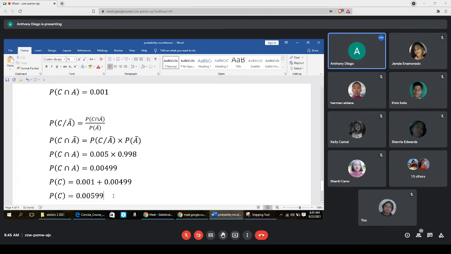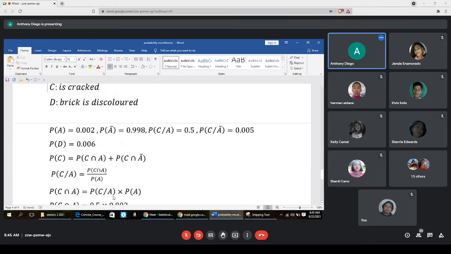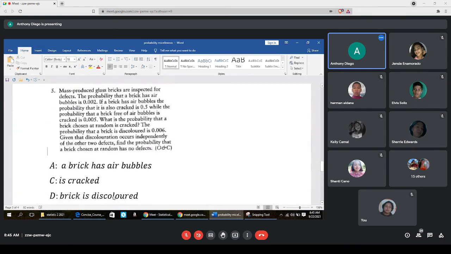Now, given that discoloration occurs independently of the two, find the probability that a brick chosen at random has no defect. Has no defect.